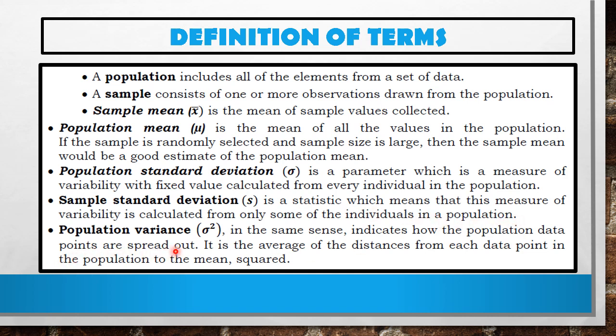Population variance or sigma squared in the same sense indicates how the population data points are spread out. It is the average of the squared distances from each data point in the population to the mean. So these are the terms that you need to be familiar with so that you will be able to identify the appropriate test statistic.